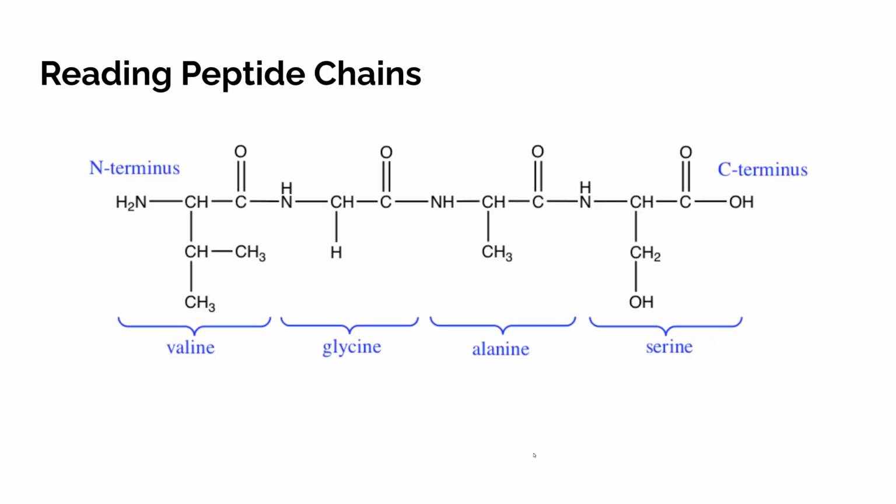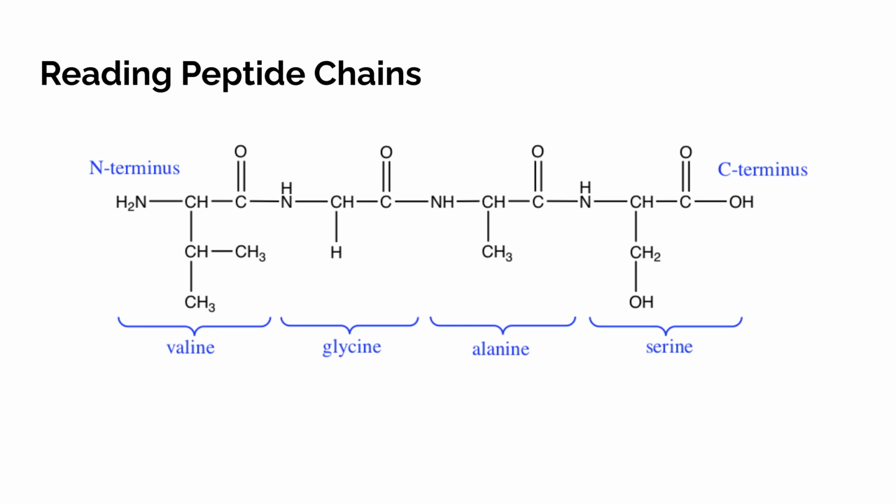Okay, and then I wanted to give you a little bit more practice with reading peptide chains, because that will likely be one of the questions on the test. Again, you read peptide chains from the N terminus to the C terminus, and it won't always be given from left to right. The easy way to remember is you find the amine group all the way on the left side, and you look to the right, and see if there's an alpha carbon there.